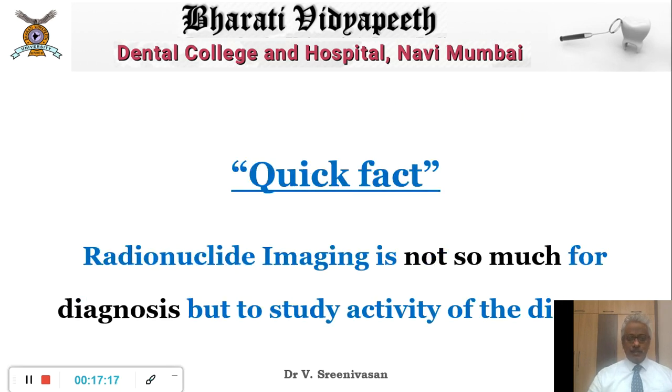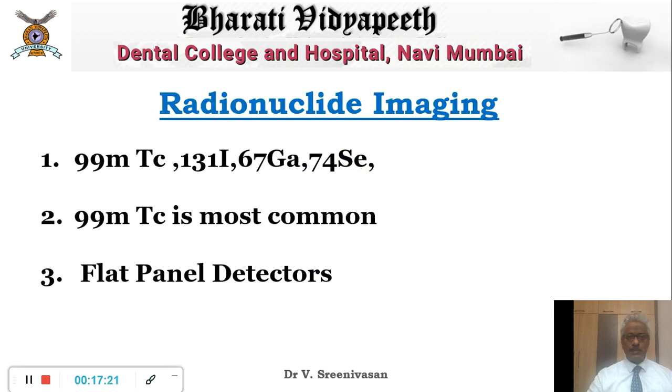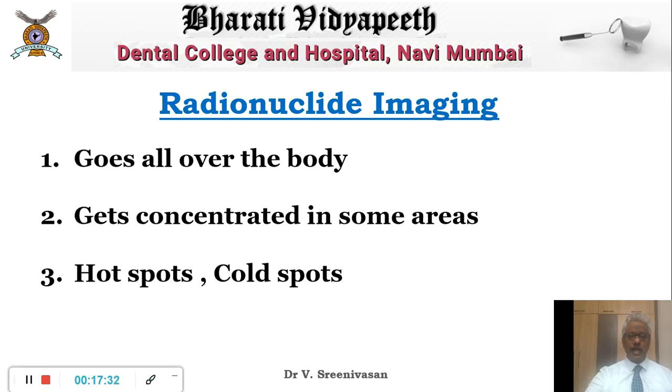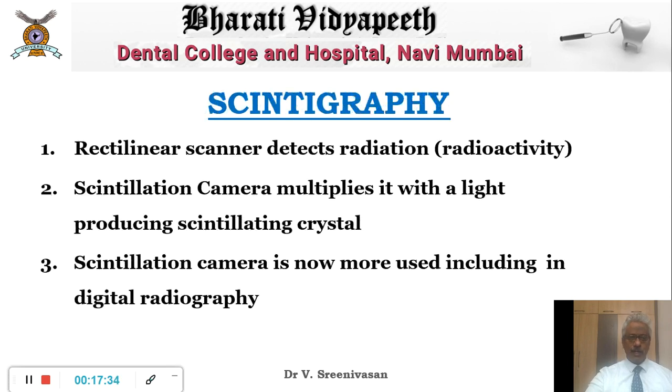Now, radionuclide imaging, as I told you in the beginning, is to study the activity, not so much to diagnose the disease. So we use flat panel detectors in this, and certain common radionuclide elements have been identified here, and we've covered this part already. So you use either a rectilinear scanner, or nowadays what we use is a gamma camera.